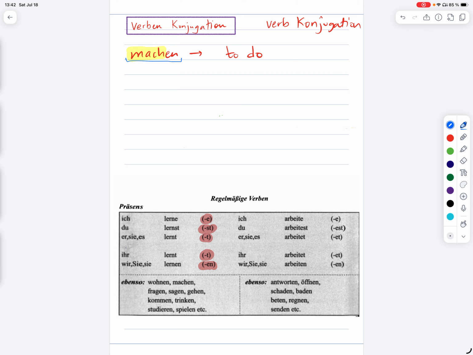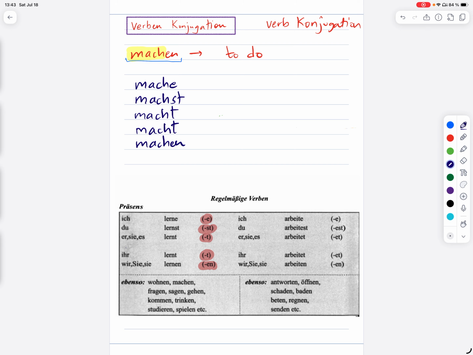I will just do it directly and write the verb for each case. So I have ich mache, I added an e from the table. Now du machst, so I added an st. Er, sie, es macht, ihr macht, then again I added a t, and then wir, sie machen. So this will be the different conjugation for our verb machen.